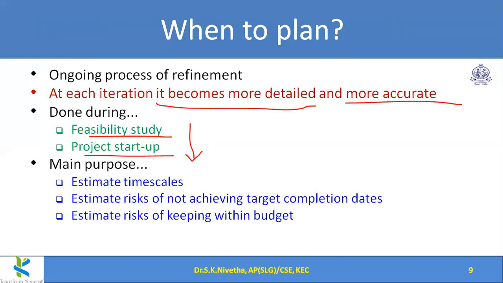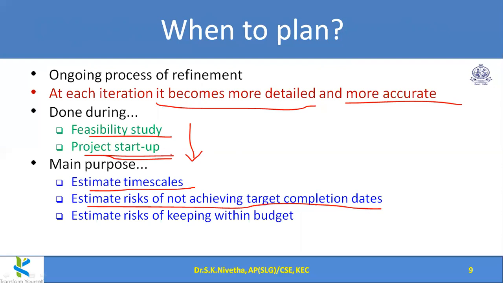And to sum up, the main purpose of activity planning is to estimate the time scales and estimate risks of not achieving the target completion date. Initially we'll be doing some planning, and based on that we'll allocate resources, and we ask them to start the project based on the plan.